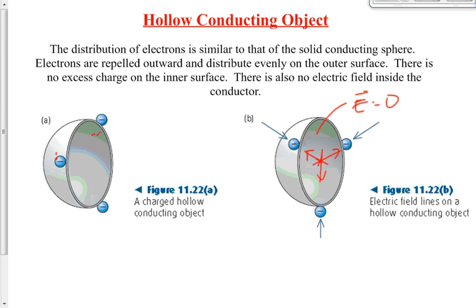For this particular object, it's probably not important. But if you're in your car or some other hollow conducting object that we call a Faraday cage, the net electric field has to be 0 inside. It means that if you get struck by lightning, you're not going to be affected by that lightning, because regardless, the net electric field inside is 0.